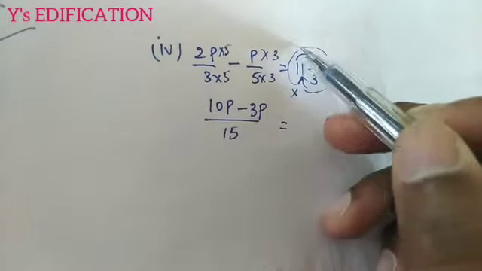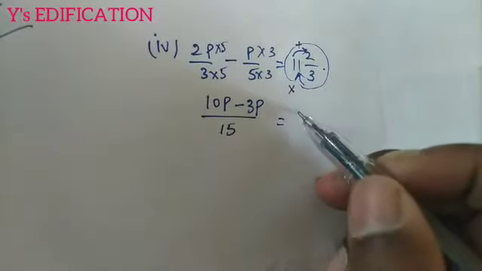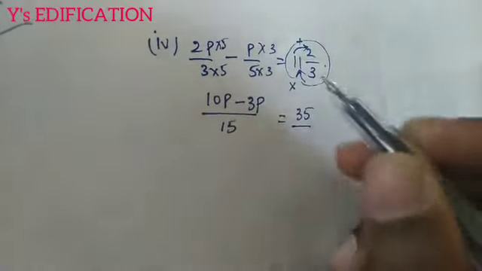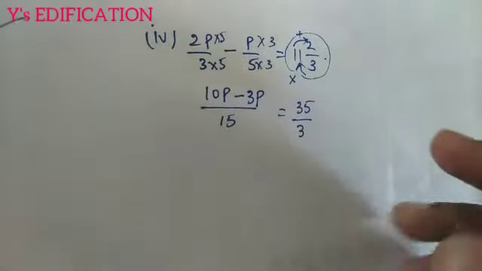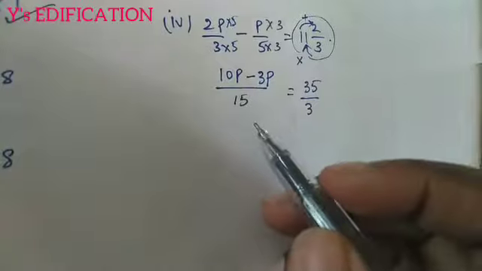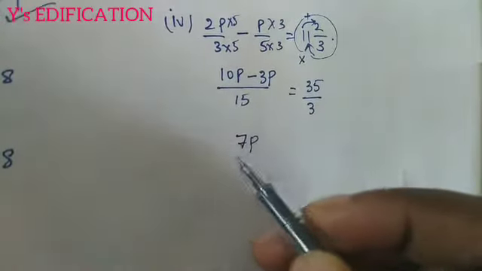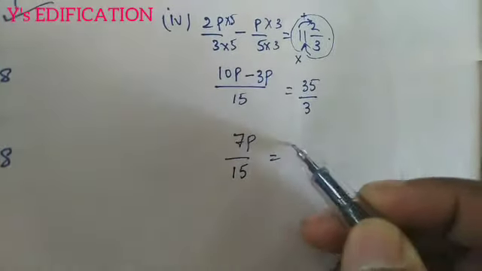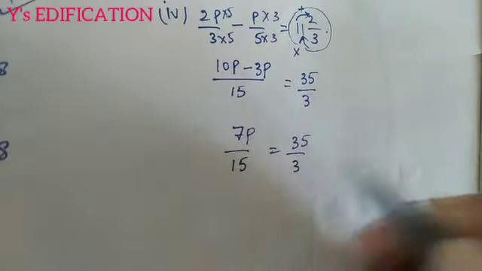Now add this number. 33 plus 2 is 35 by, what is the denominator here? 3. So 35 by 3. Now 10p minus 3p is 7p by 15 is equal to 35 by 3.